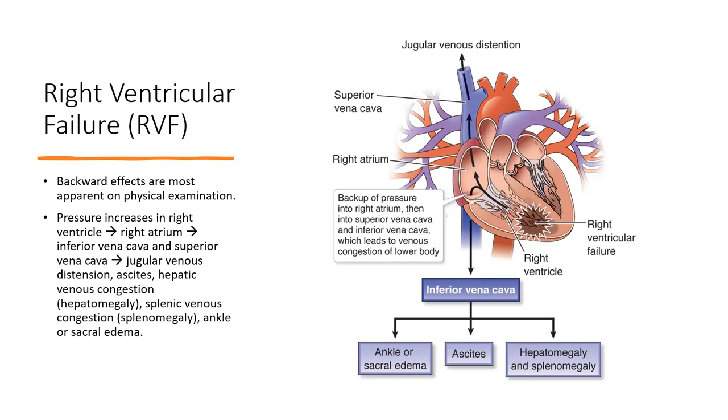So pressure increases in the right ventricle, right atrium, inferior vena cava, and superior vena cava: jugular venous distension, ascites, hepatic venous congestion, hepatomegaly, splenic venous congestion, splenomegaly, ankle or sacral edema. So on this one, instead of it being a push, we're seeing a pull backwards. So it's a much more difficult set of backward effects.